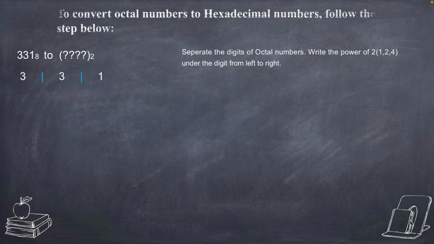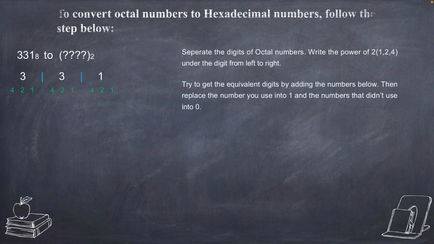Tapos, maglalagay tayo sa baba niya ng 1 to 4 sa kada digit. O, yan, kada digit sa baba niya. Tapos, next step ay try to get the equivalent digits by adding the numbers below. Then, replace the number you use into 1 and the number that you didn't use into 0. Parang yung ginawa lang natin kanina. Diba? Na lagi natin ginagawa.